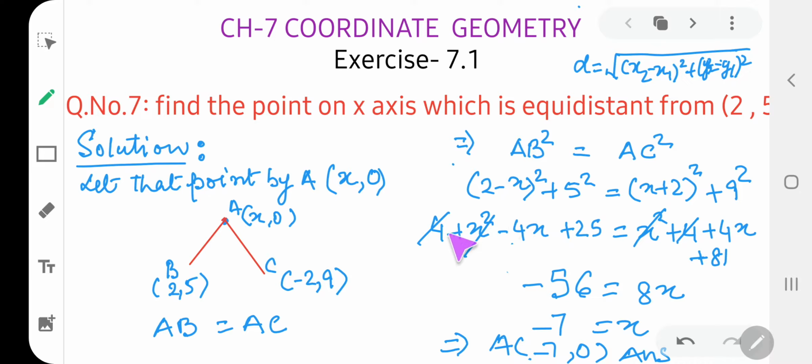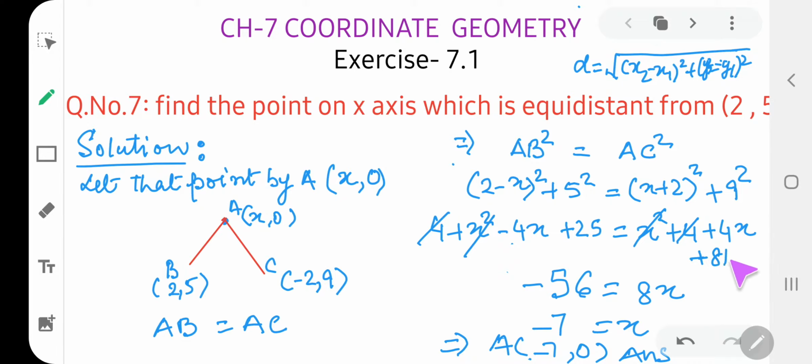So this is x square minus 4x plus 4, and 5 square, that is 25. Similarly, apply the identity to open x plus 2 whole square. This is a square plus b square plus 2ab, that is x square plus 4x plus 4, and 9 square is 81.